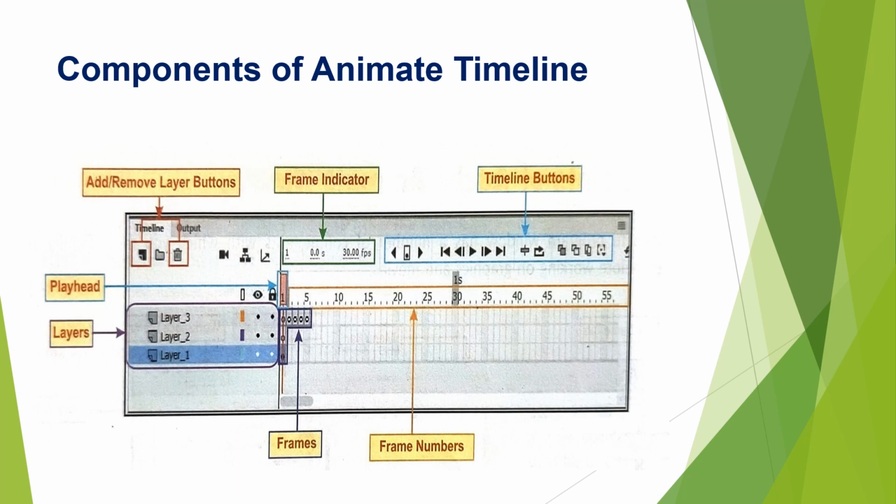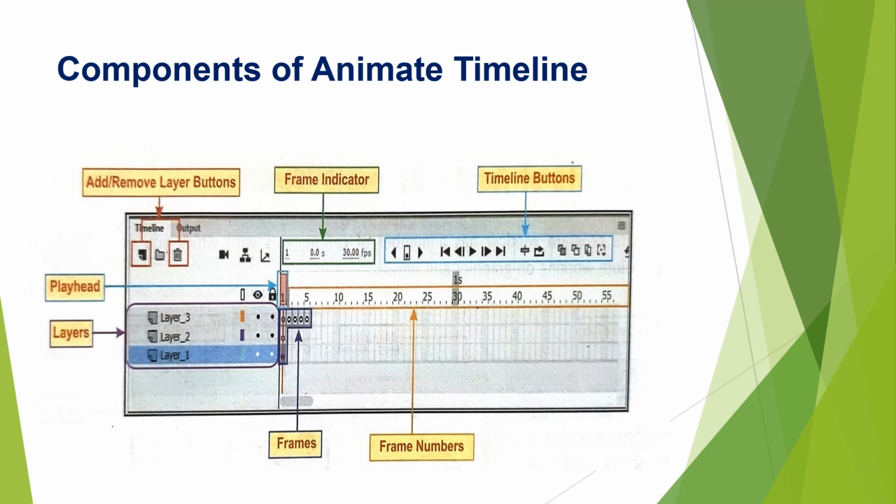Frame indicator. Animate indicates the selected frame number, the current frame rate, how many frames play per second, and the time that has elapsed so far in the movie. Frame numbers. Frames appear in chronological order in the timeline and each frame has a number.